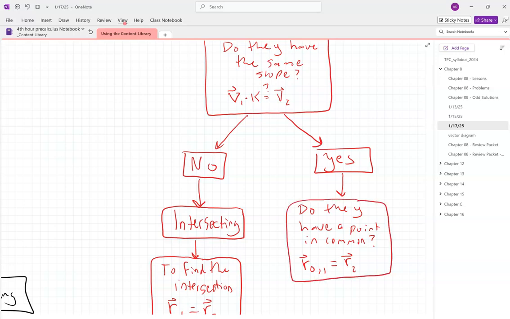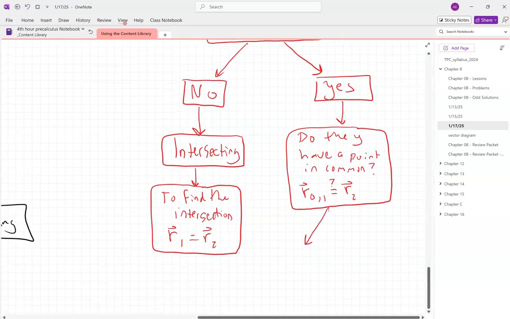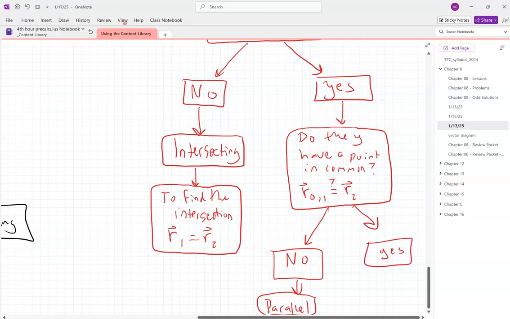So that's what we're checking there. If the answer is no, then we're parallel. If the answer is yes, then we're coinciding.